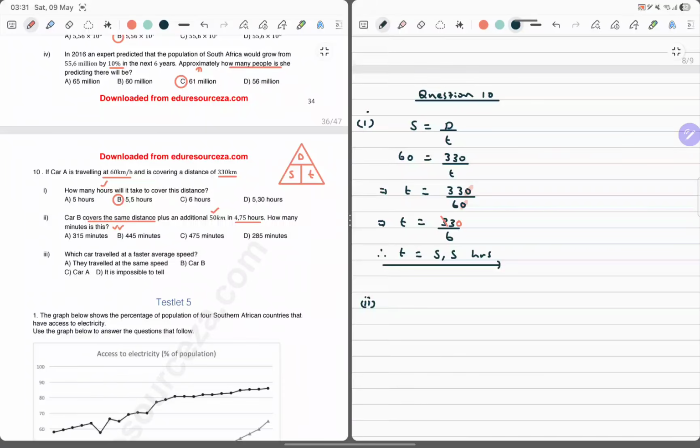Excuse me. So, well, we know that 1 hour is going to be equal to 60 minutes. Now the question is, this 4.75 hours is going to be how many minutes?